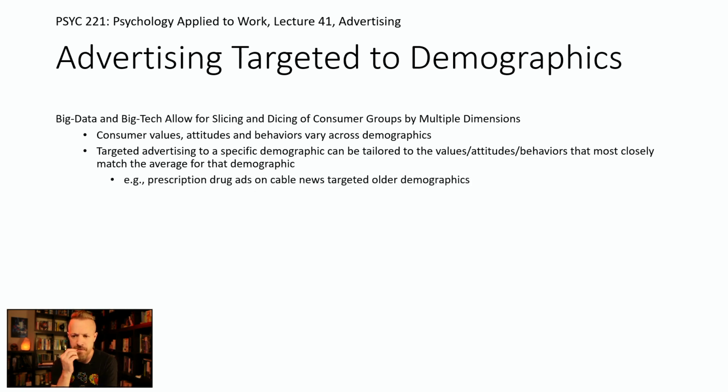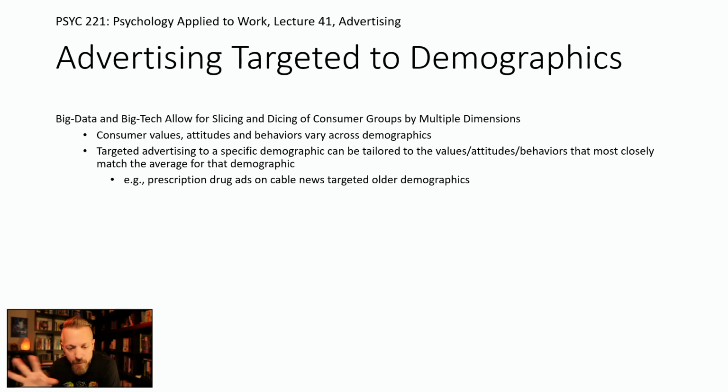So an example of this would just be, watch some cable news in the evening and see all the prescription drug ads you get, for ailments that are common when you get older. So it's like they found the market. And almost no young people watch cable news, regardless of whether it's to the right or the left. Politically, it's not a lot of young people watching these things.